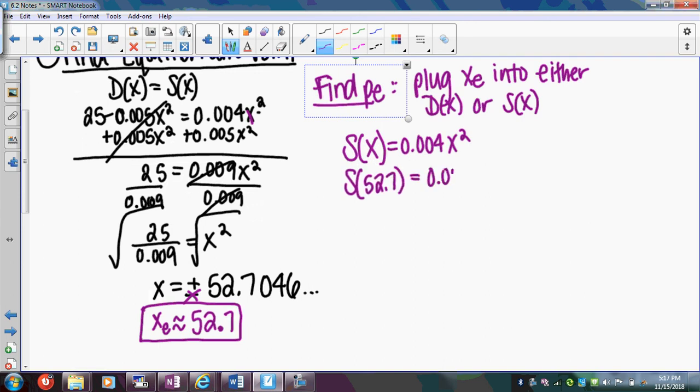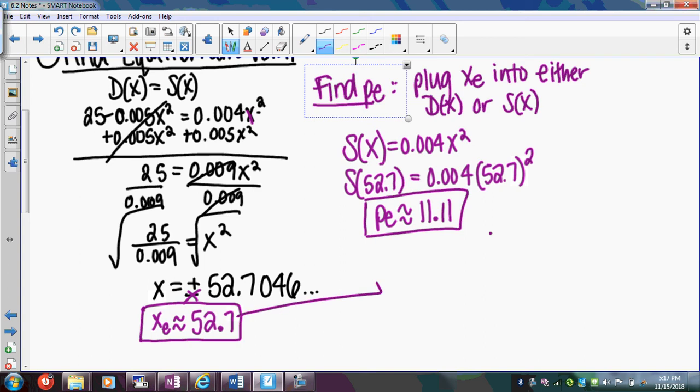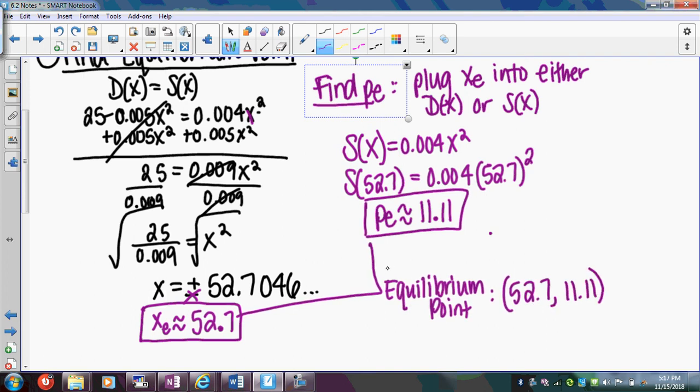So 0.004 times 52.7 squared. And again, this is going to give me an approximate. So 11.11 is my approximate for that. So then that tells me, if this is p, the equilibrium point is 52.7, 11.11.